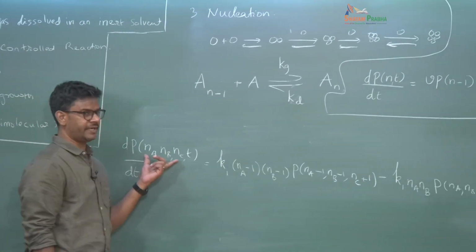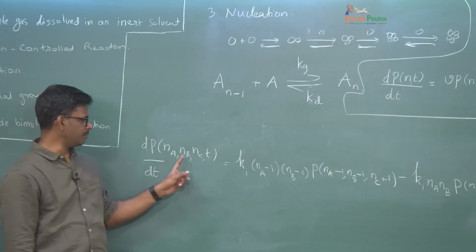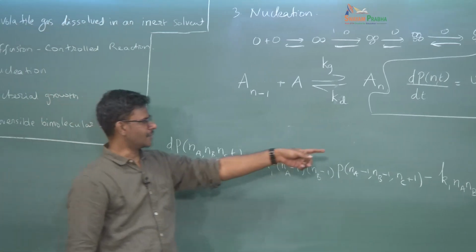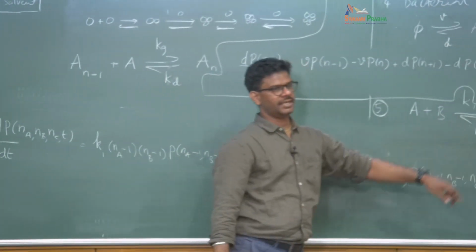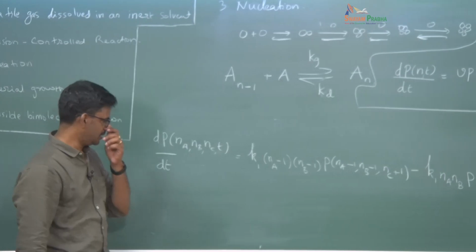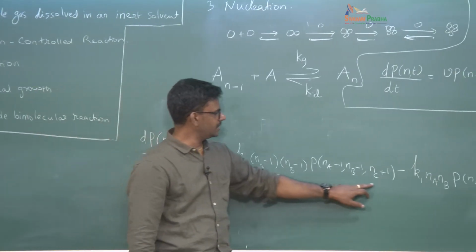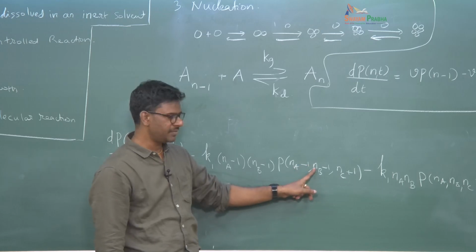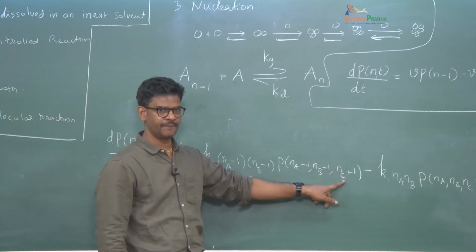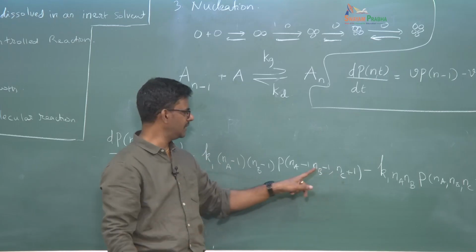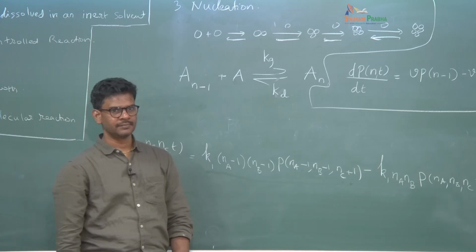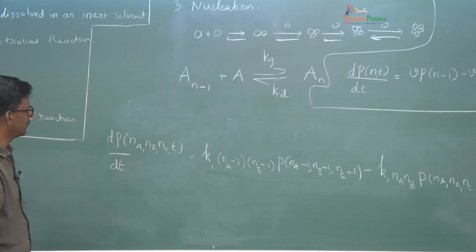So, you want to find out the probability of finding Na, Nb, Nc at time t. So, the forward reaction can both create and destroy state n. So, this one is if the state is at Na plus 1, Nb plus 1 and Nc minus 1, one forward reaction will take it to Na, Nb and Nc, right. Why is that?